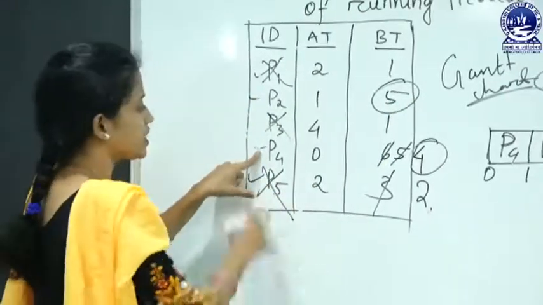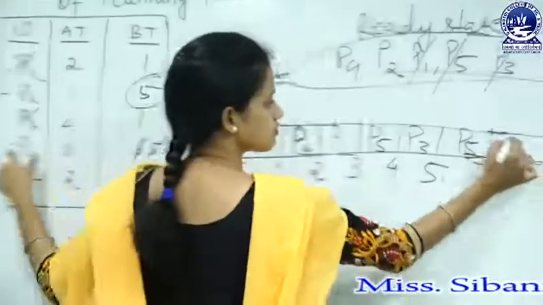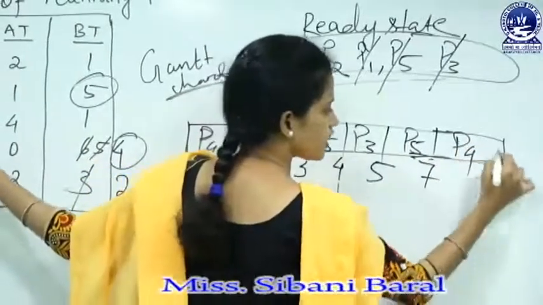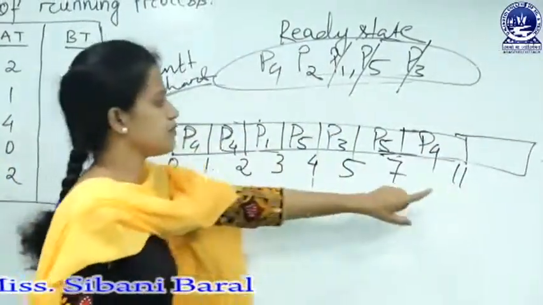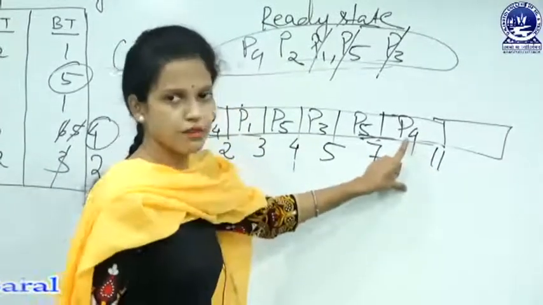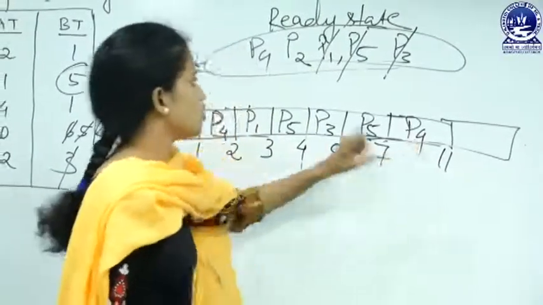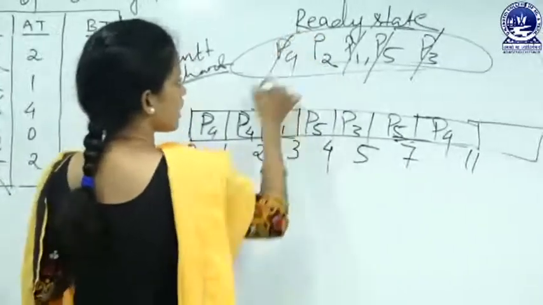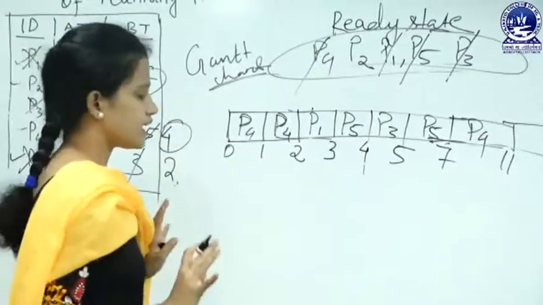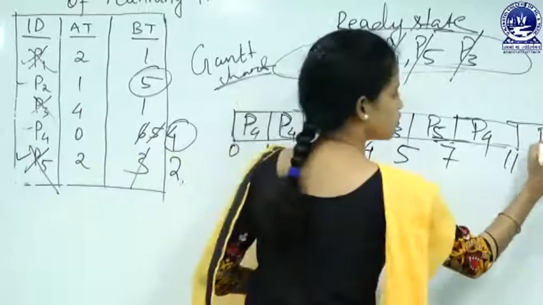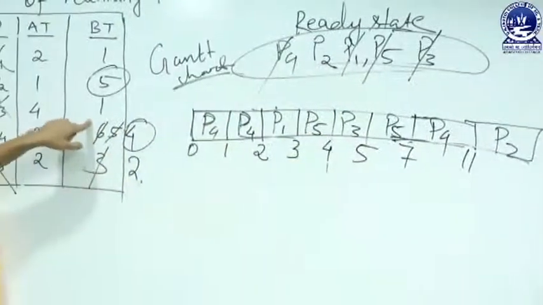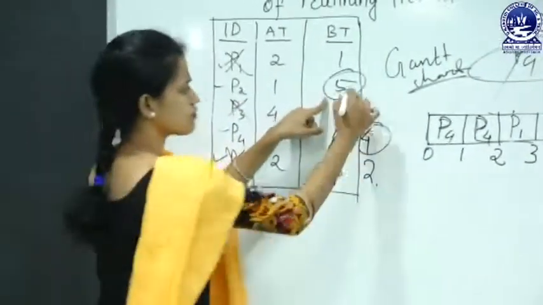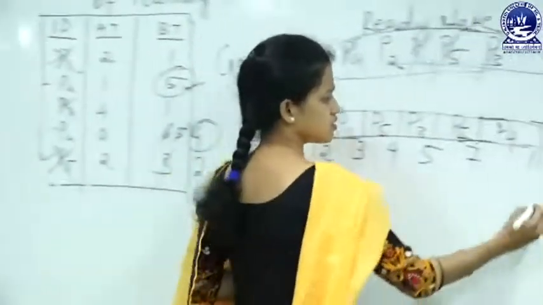You have to allocate P4, and at 11 milliseconds P4 is terminated. P4 has been done, and the last one is P2. The burst time of P2 is 5 milliseconds, so it ends at 16.